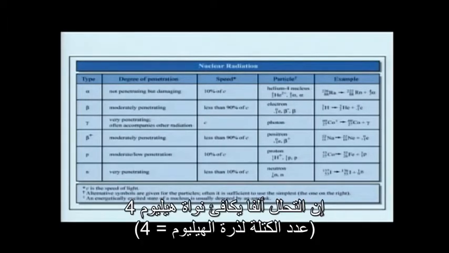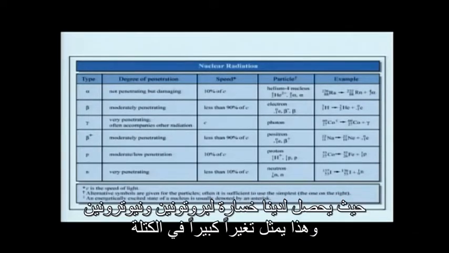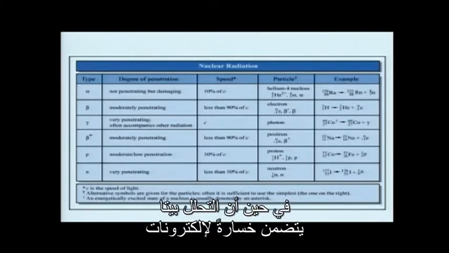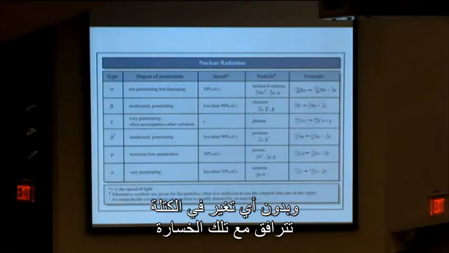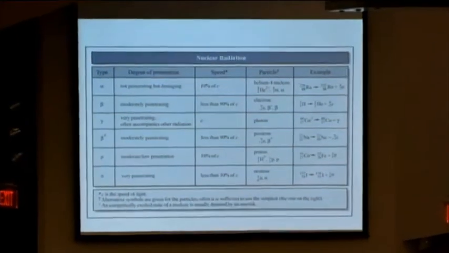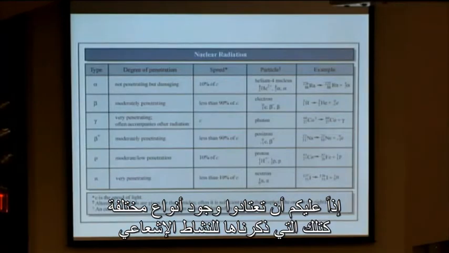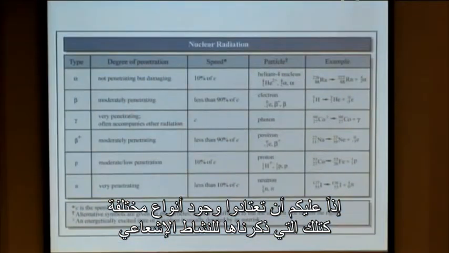An alpha particle is equivalent to a helium-4 nucleus. So you lose 2 protons, 2 neutrons. So that's a big mass change. Whereas, say, a beta decay involves the loss of electrons, so there's no significant mass change associated with that. So just be aware that there are these differences in different types of radiation.